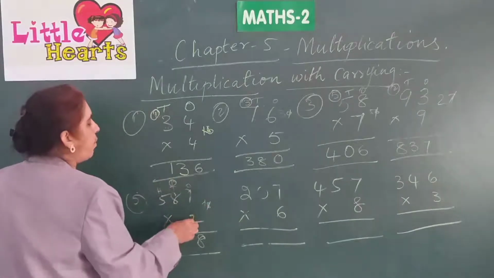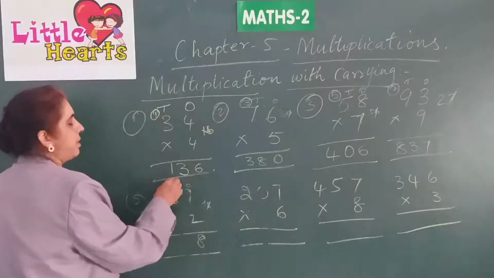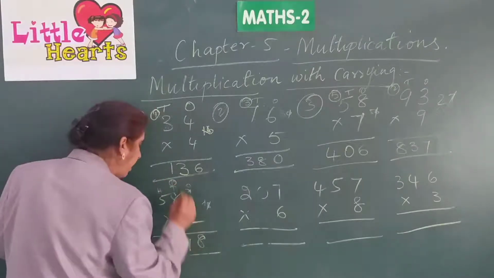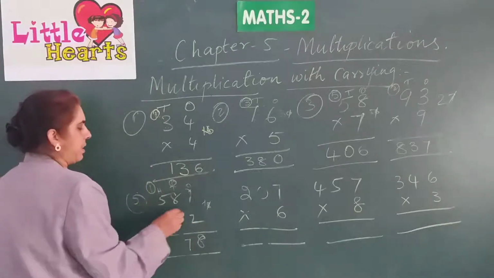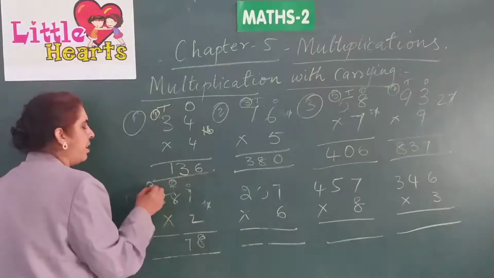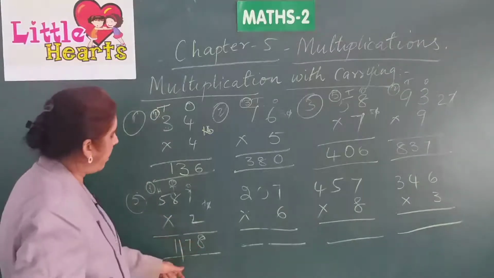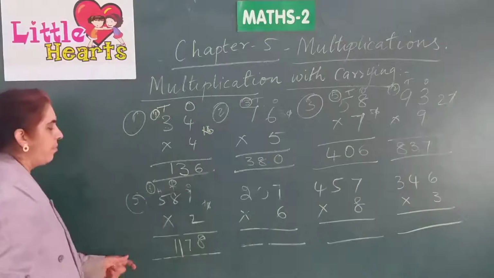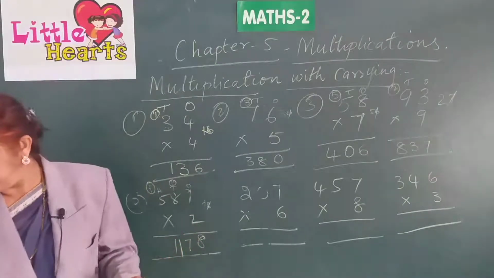Next, 2 eights are 16 plus 1, 17. 7 in the tens place, carry 1 to the hundreds place. 2 fives are 10 plus 1, 11. 1178 is the product of 589 into 2.